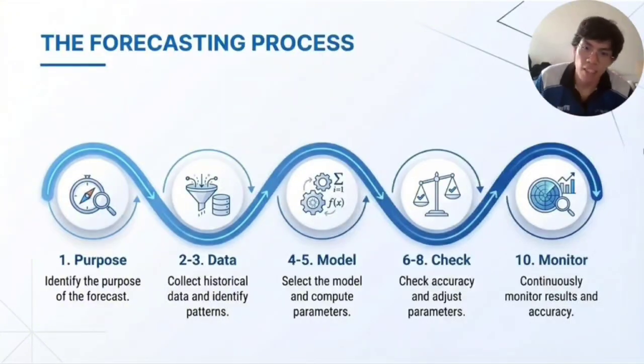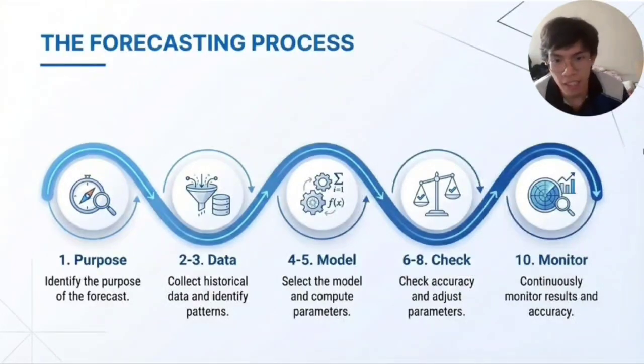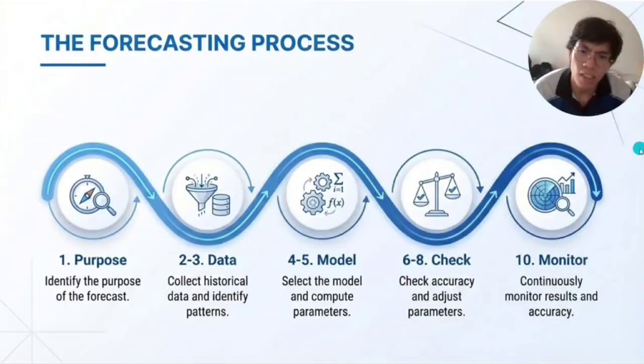After that, we reach steps 6 until 8, which is check. We check how accurate our forecast is and whether adjustment is needed. This ensures the model remains reliable. Finally, step 10 is monitor.